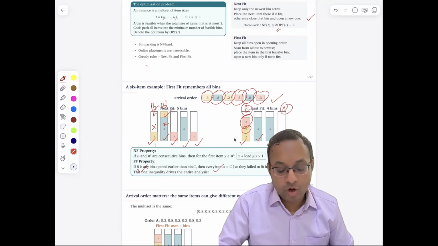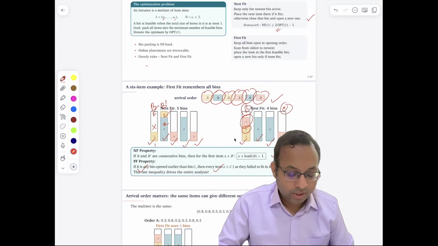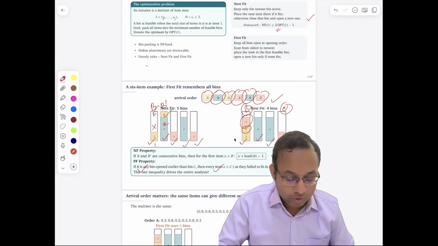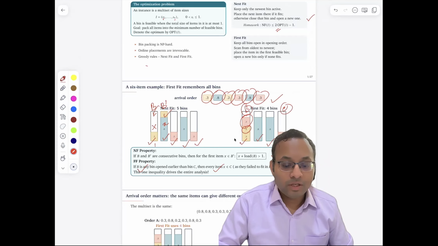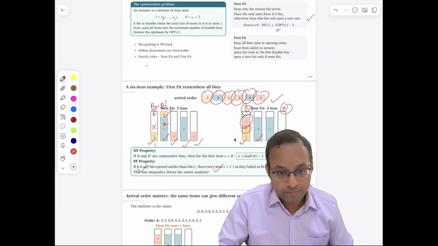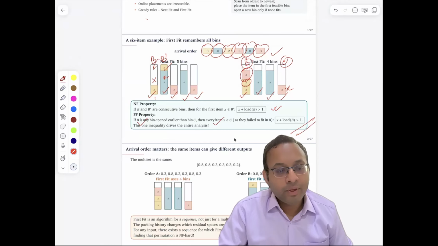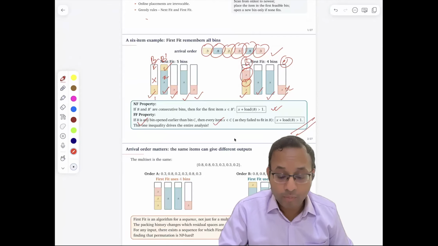So we were not able to put it in bin B, that's why we put it in bin C. That means for every item in C, if we are not able to pack it in bin B, X plus the load of B should be more than 1. Okay, this is the inequality. And we'll see this inequality will drive the entire analysis of first fit. The simple property is actually really powerful.